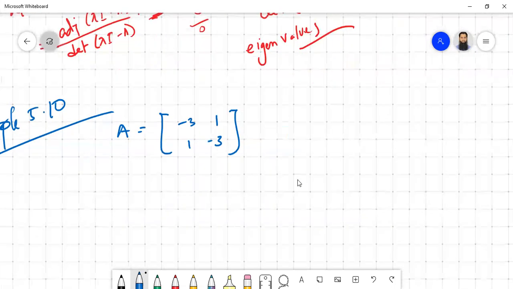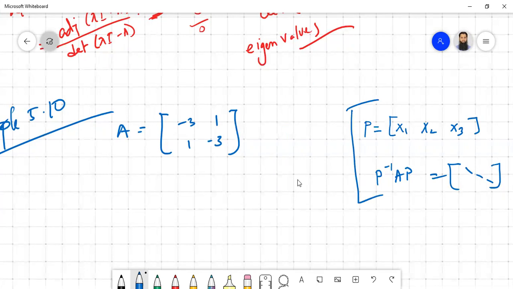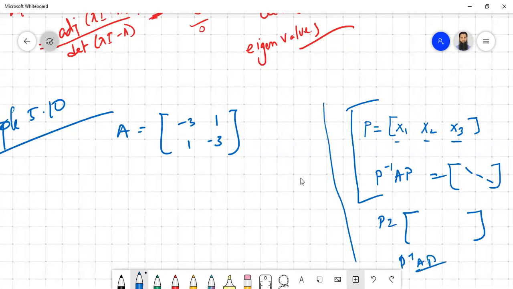It has been observed that if the eigenvectors x1, x2, x3 are combined to form the P matrix, then P inverse A P will give us a diagonal matrix. This is by observation. That is why we are interested in eigenvectors. We will figure out the eigenvectors, they will form the P matrix, and then P inverse A P will give us a diagonal matrix. Let's try to prove all this using one example.